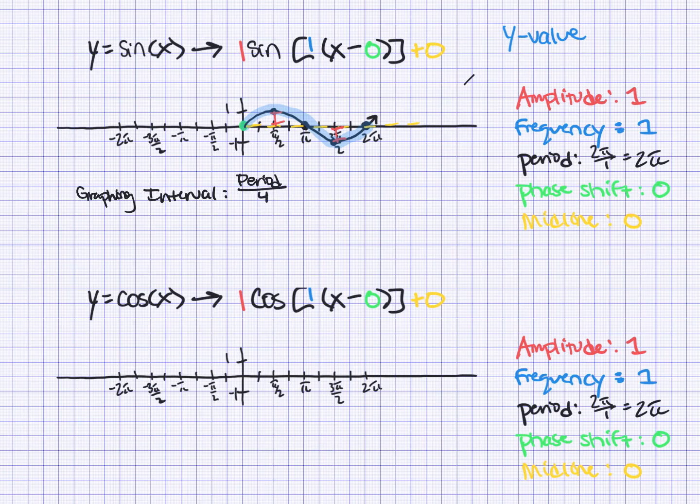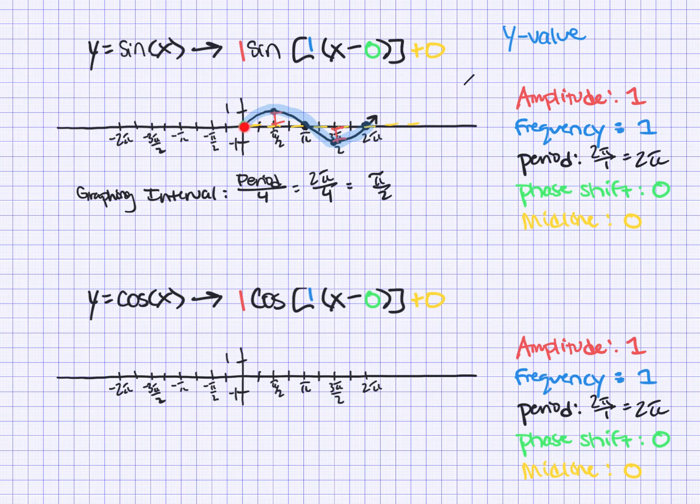It just says how far apart our points should be. So in our case, since our period is 2 pi, if we divide that by 4, we end up with pi over 2. So each of our points that we graphed is just pi over 2 distance, or in our case, 2 squares.